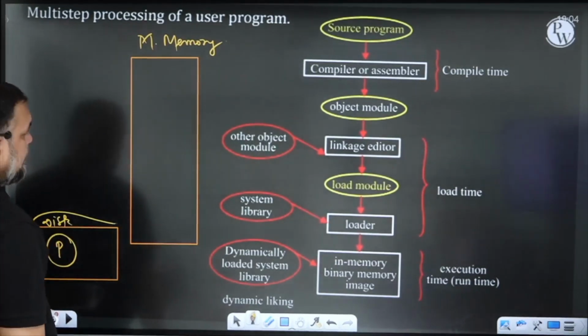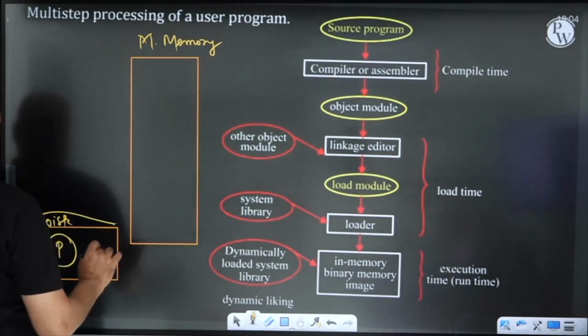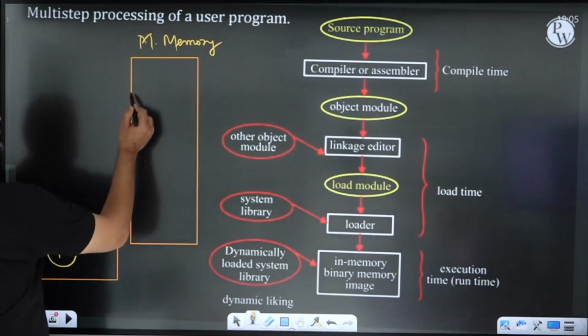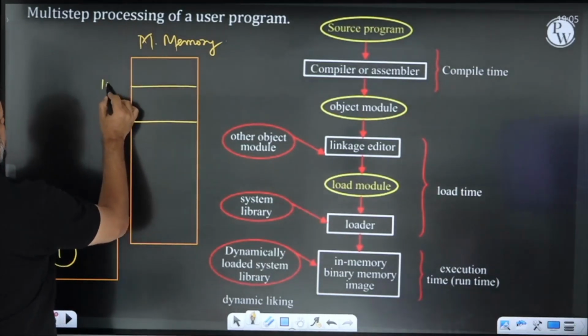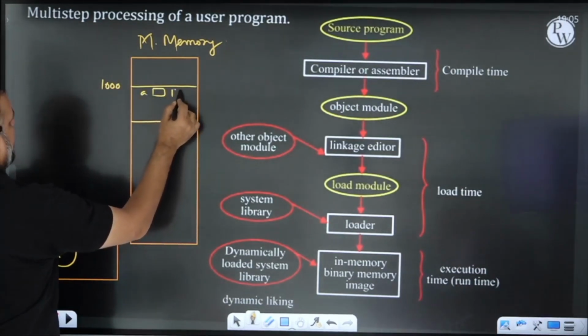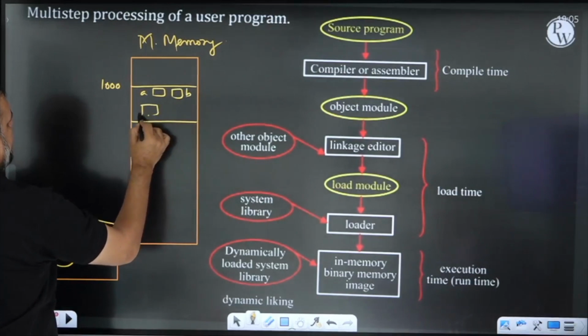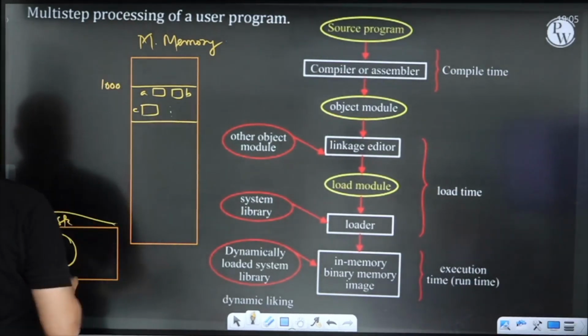Follow me carefully. Now suppose we are following runtime address binding. The loader will load the program instructions and data starting from location 1000, let us say. So starting from location 1000, I have variable A, variable B, variable C, something like this, and then other instructions.